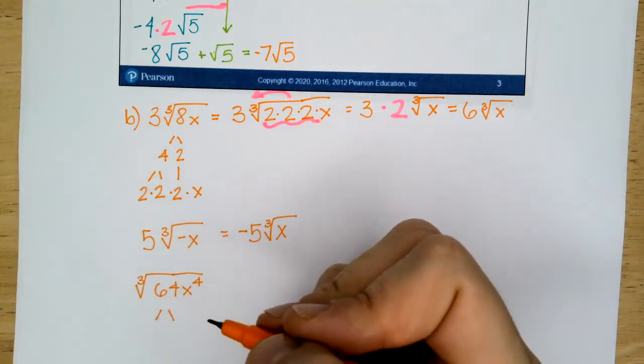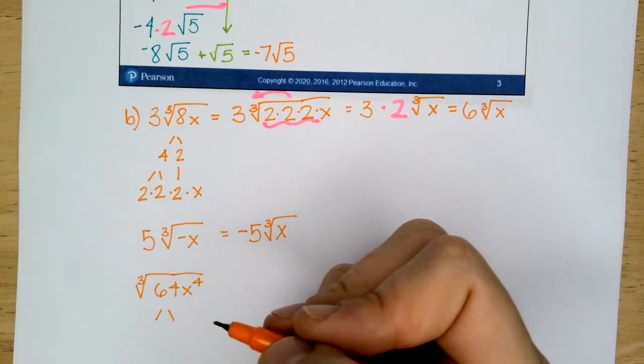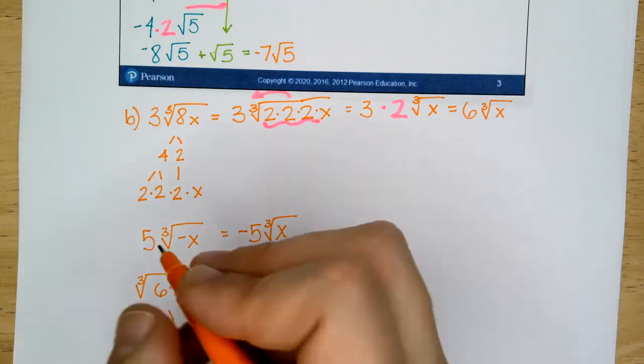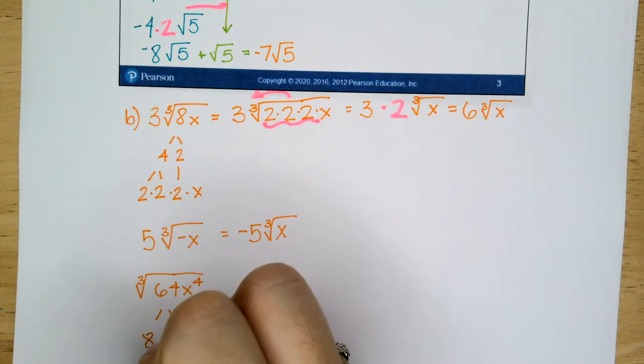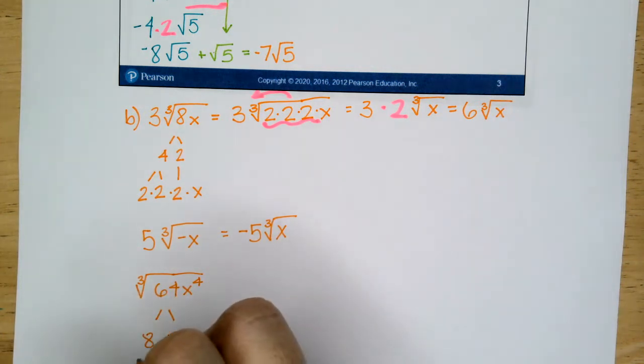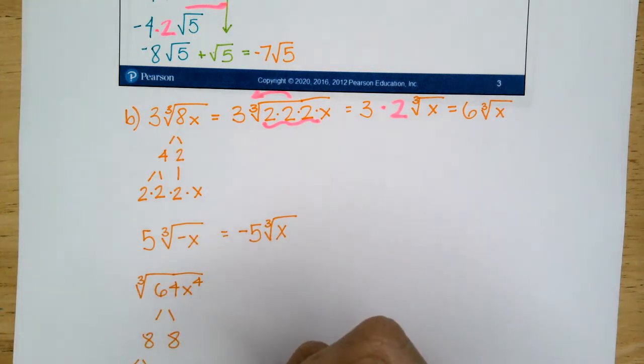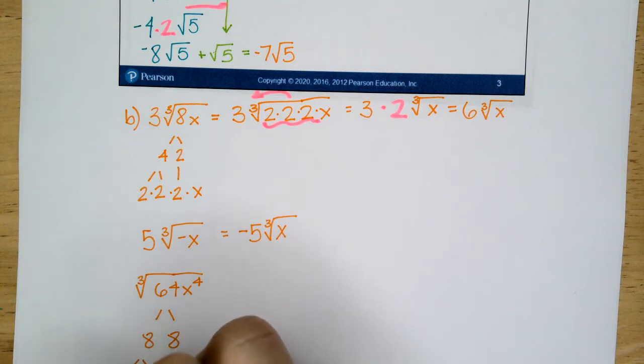64 can become what? 64 can become 8 and 8. And I need 3. 2 and 4. 2 and 4, right? And then 4 becomes 2 and 2.